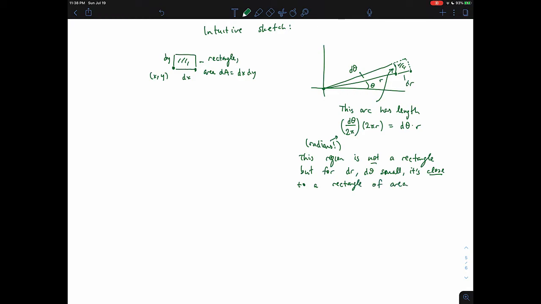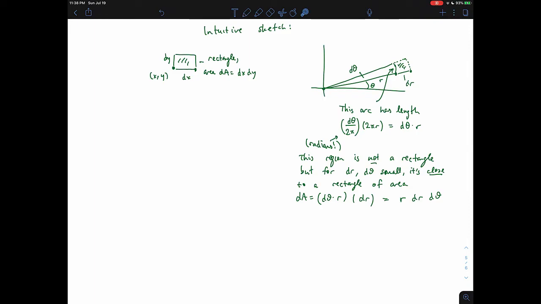And that rectangle would have area one side times the other side, d theta times r times dr, or in other words, r dr d theta when we straighten the order out. And that's dA in polar coordinates.